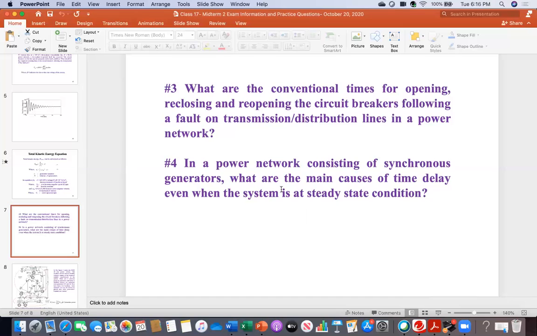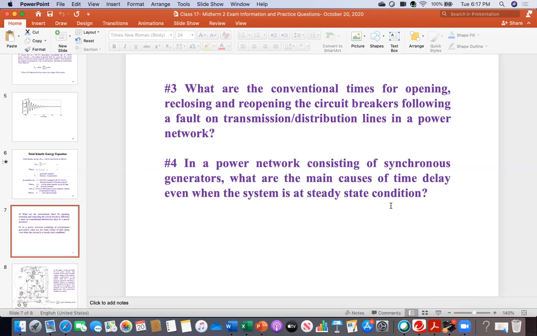So the next question, in a power network consisting of synchronous generators, what are the main causes of time delay even when the system is at steady state condition? Why am I asking this question? You remember the last class when we were looking at the effect of time delay, we took an example of fuzzy control braking resistor, and that braking resistor needed the input which was the total kinetic energy.